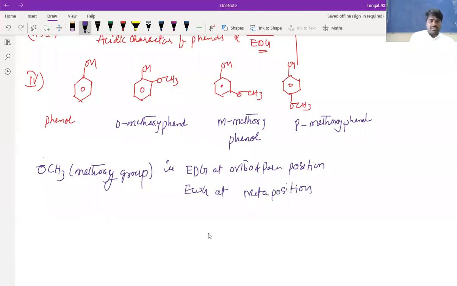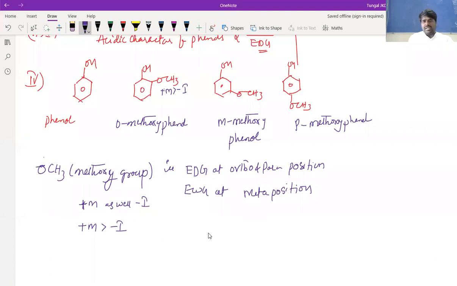Try to understand. It acts as a plus M as well as minus I. Are you getting? What is dominant, beta? Plus M is dominant over minus I. So here it is acting as a plus M as well as minus I.